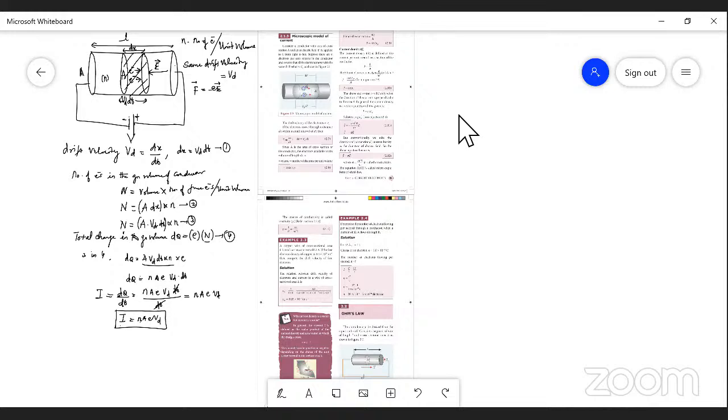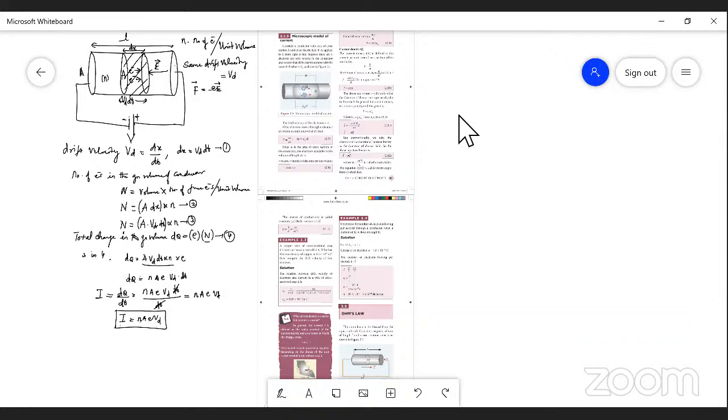If an electron possesses charge e, then the total charge in the given volume of length dx is dq equals N into e. N is substituted in this expression. With the help of dq, we are determining the value of current. I equals dq divided by dt.